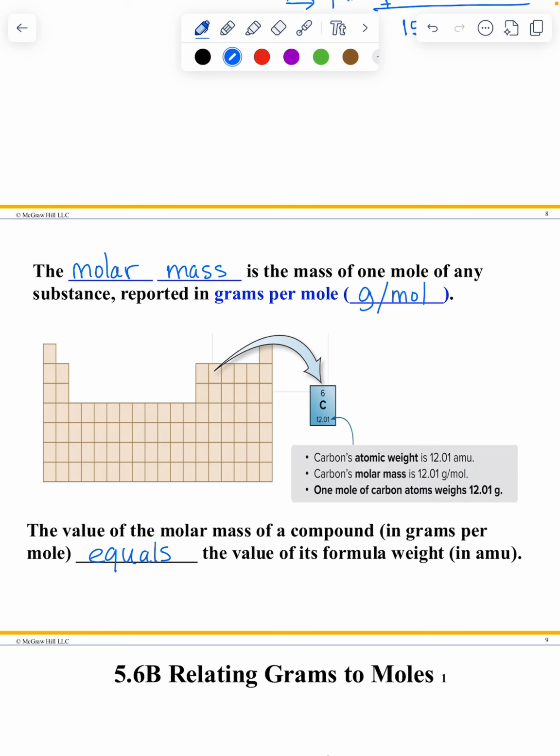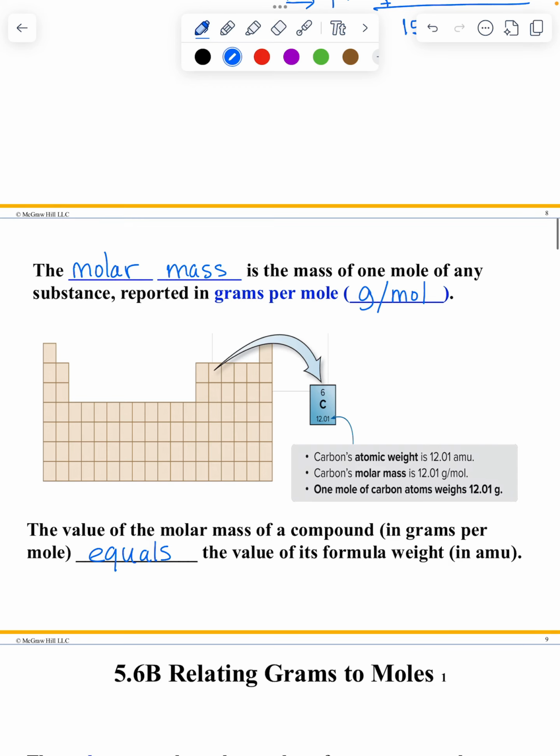And so if we know that carbon has a mass of 12.01 grams per mole, that means that there's 12.01 grams is equal to 1 mole for carbon. And for every element, it's different. But you can use the periodic table to help you find the molar mass of each compound.